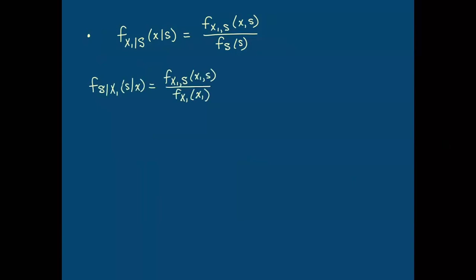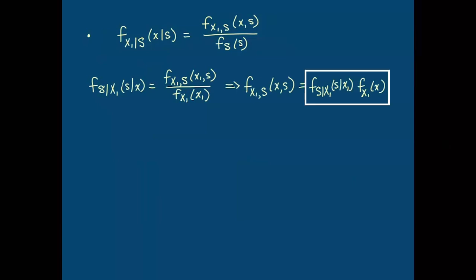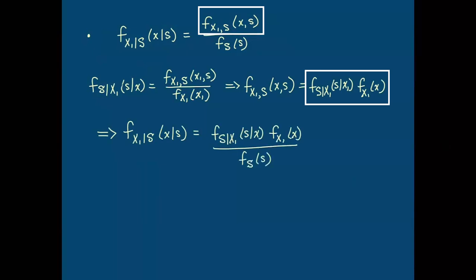Unraveling this equation, we see that the joint PDF for x1 and S can be written as the conditional PDF for S given x1 times the marginal PDF for x1. Let's plug this expression in up here. We now have that the conditional PDF for x1 given S is the conditional PDF for S given x1 times the marginal PDF for x1 over the marginal PDF for S.